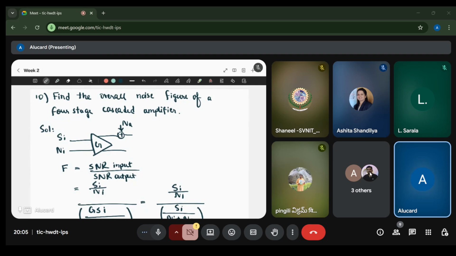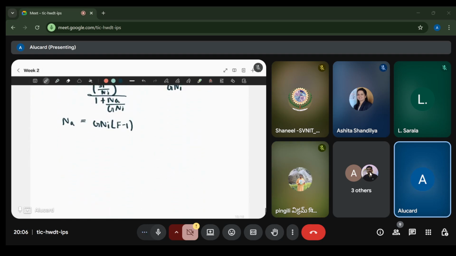So it is very essential that you have a very low noise figure for the first amplifier that you have, because the ambient noise that is added gets suppressed by the gains of the previous stages as more and more stages are added. So the most important part, as far as the noise is concerned, is the first amplifier that you put in a cascade. That's the key takeaway from this question.